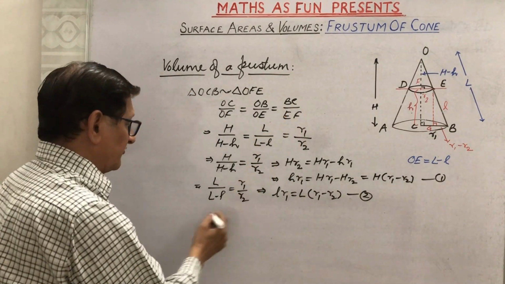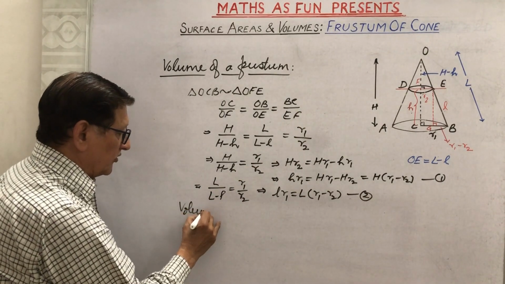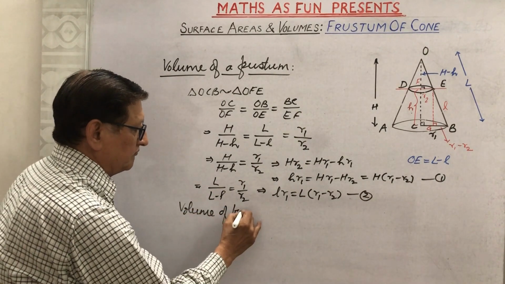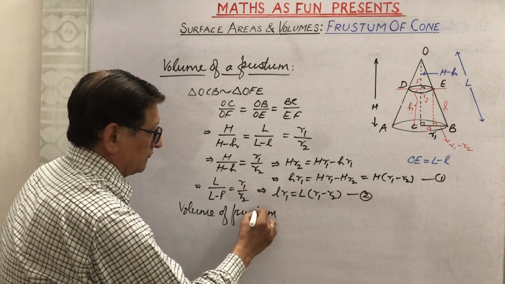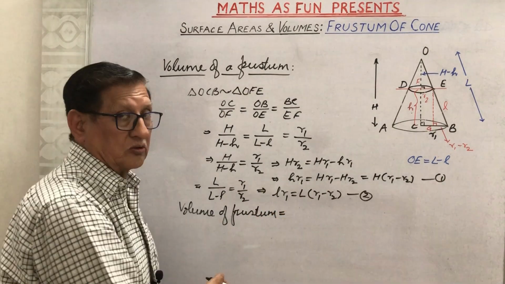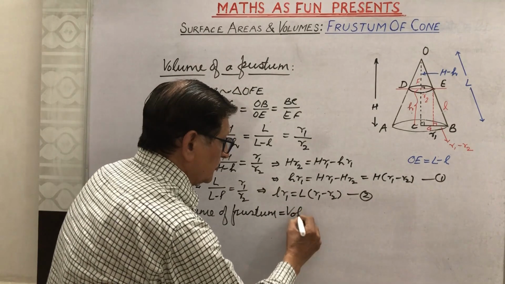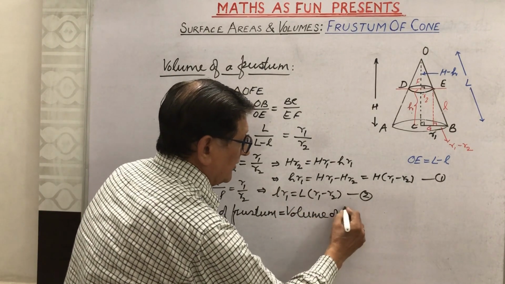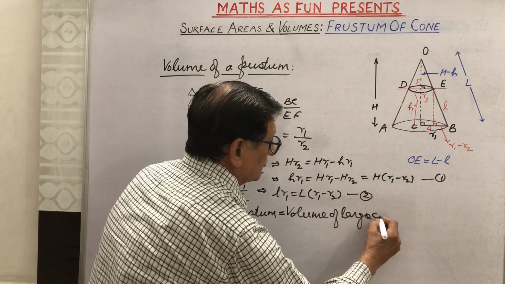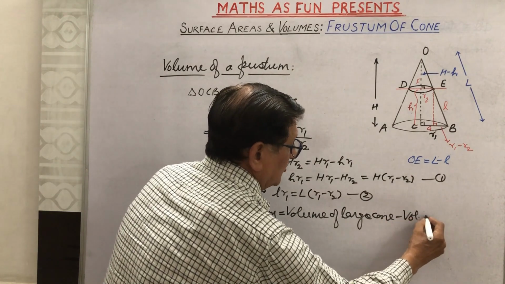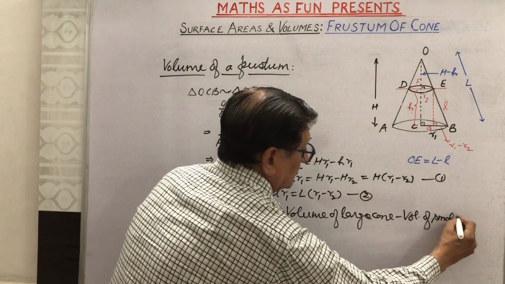After that we find the volume, so we can write volume of frustum is equal to volume of large cone minus volume of small cone.